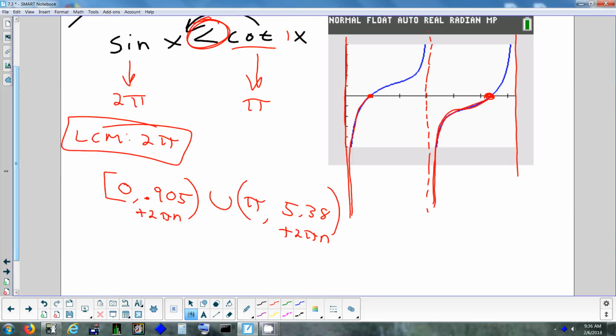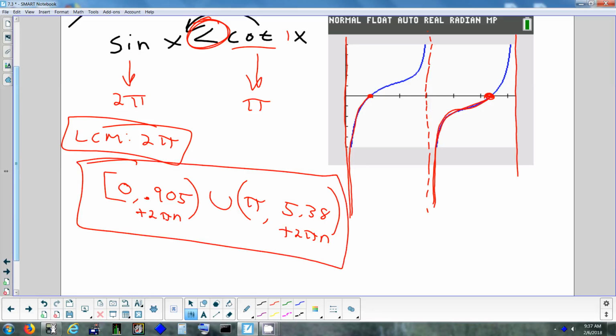Okay. What does that really mean? Well, if you take and add 6.28 to every number you see on the board here, that'll give you all the answers in the next cycle. If you subtracted 6.28, you could get all the answers in the cycle before. And so on. You could keep doing that. Okay, but those are your answers.